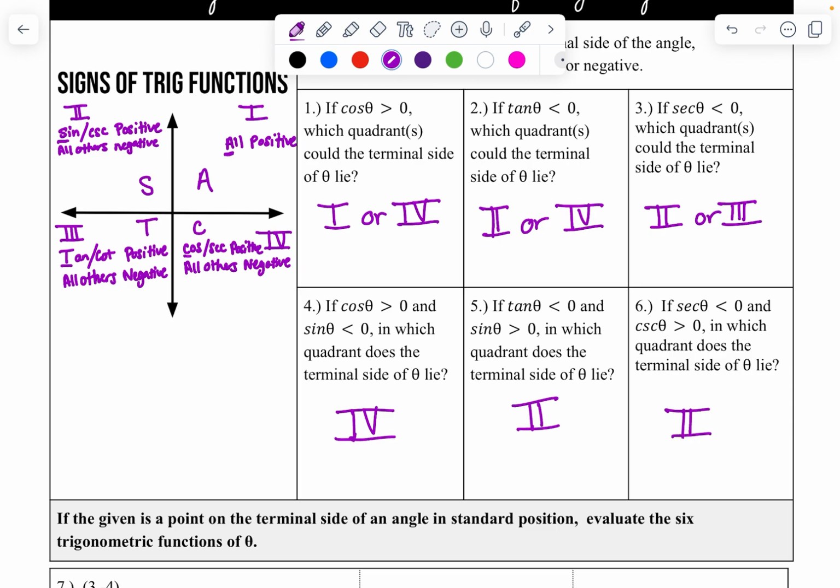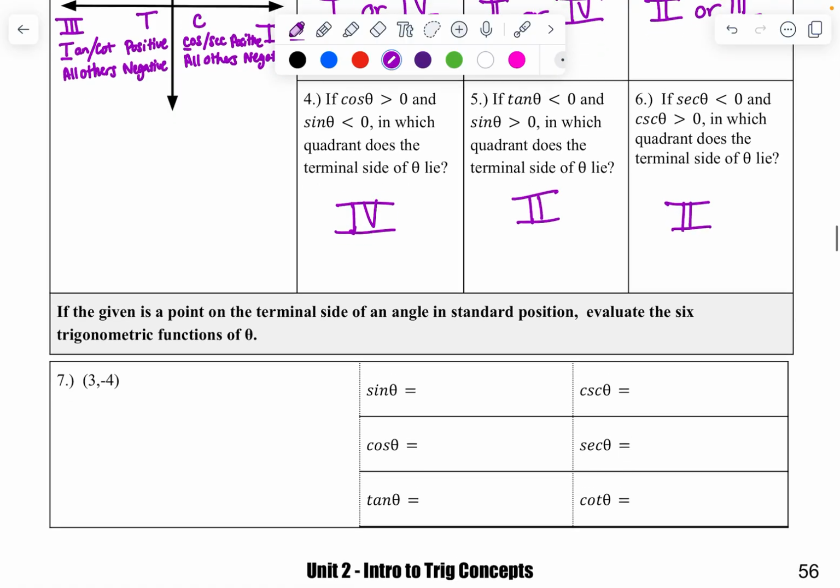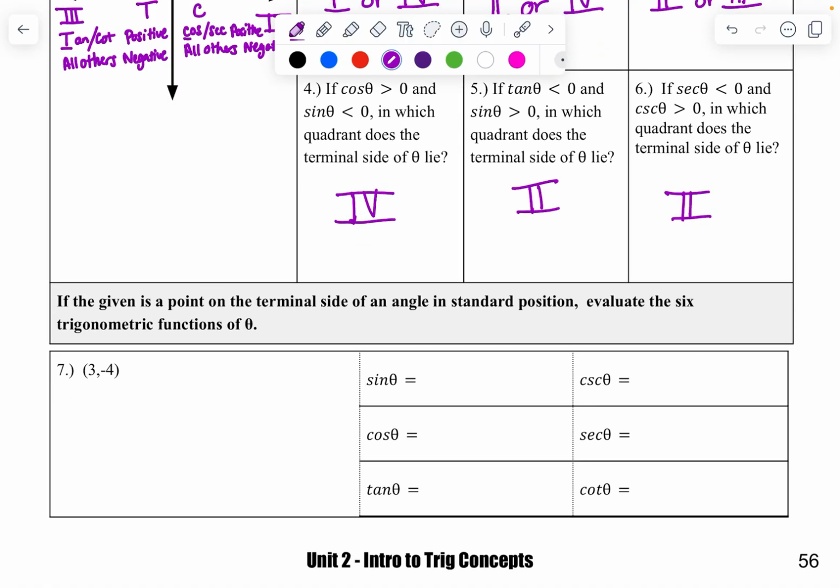All right, the given is a point on the terminal side of an angle in standard position. Evaluate the 6 trigonometric functions of theta. So if we are at (3, -4), that means 3. This point here is on the terminal side.